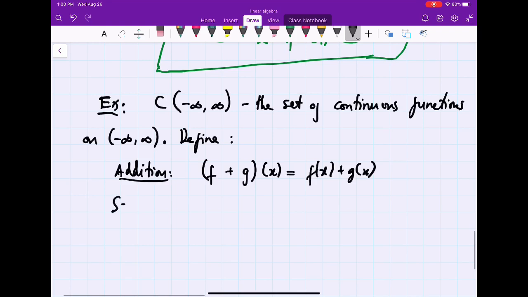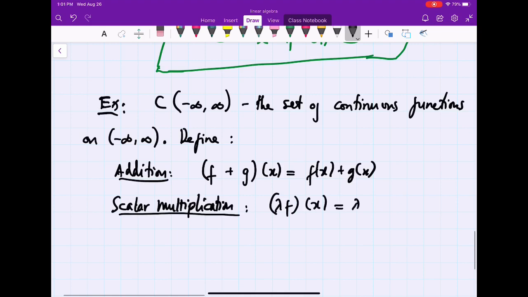And scalar multiplication is (lambda f)(x), which is just lambda times f(x). Okay, don't forget this is an element, right? We just defined that addition, and here is scalar multiplication.